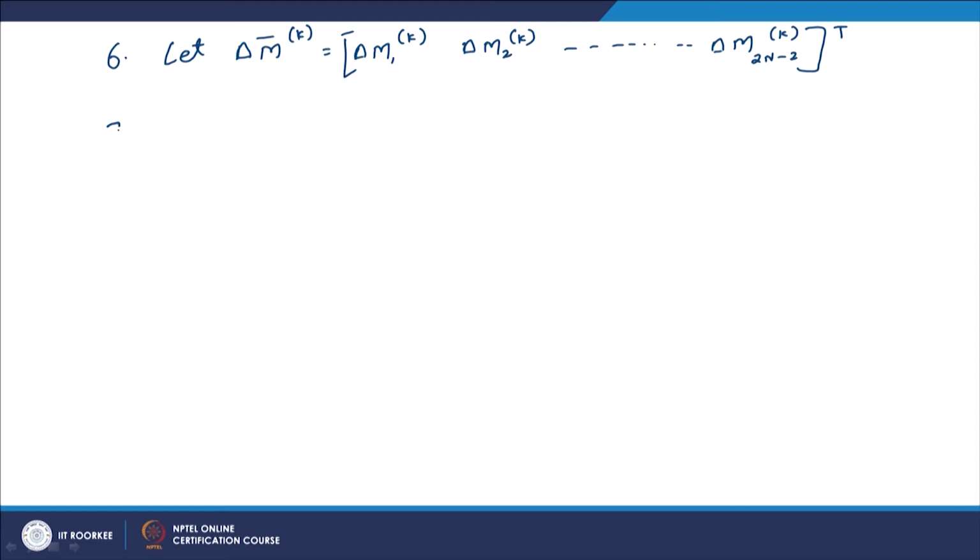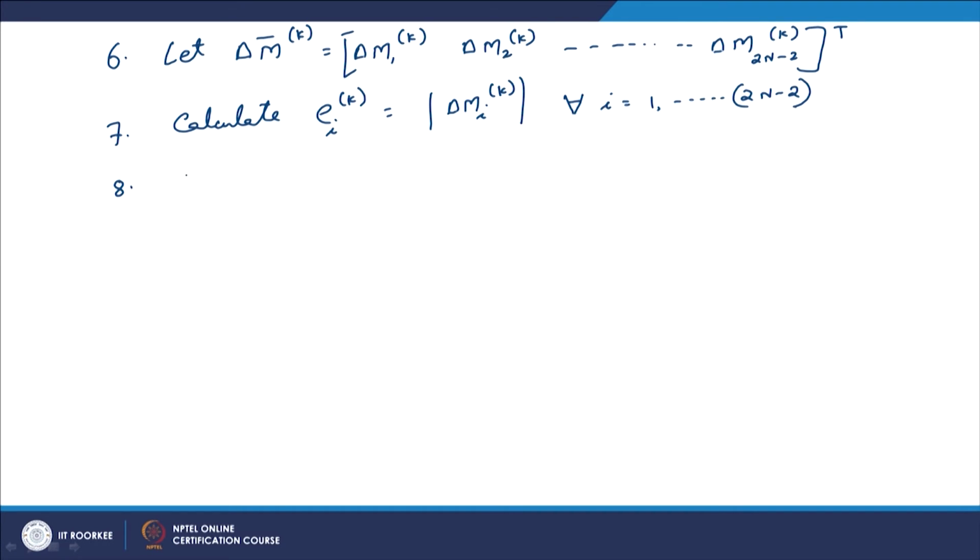So then what we do? Then we calculate e i k as delta m i k for i equal to 1 to 2n minus 2.